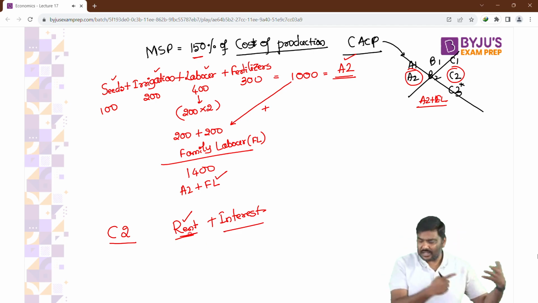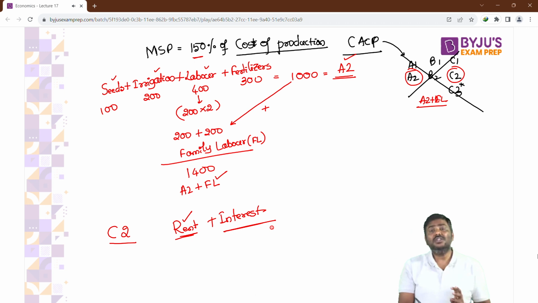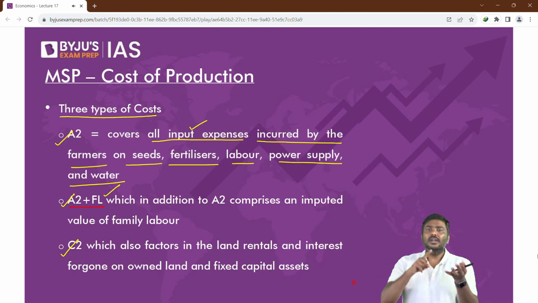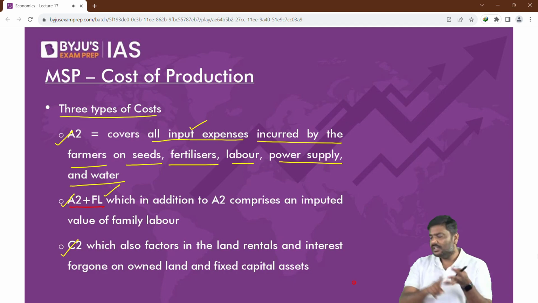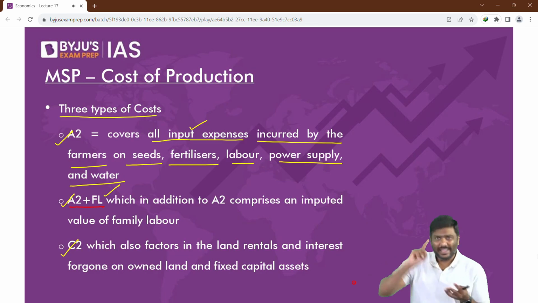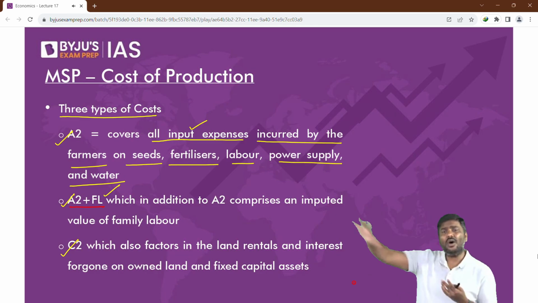So the argument is, land rentals were earlier not counted. Interest on capital assets was not counted earlier, but all of these are expenditures. That is the reason. Look at C2 now: in addition to everything else, expenditure on seeds, fertilizer, family labor, other labor, irrigation.